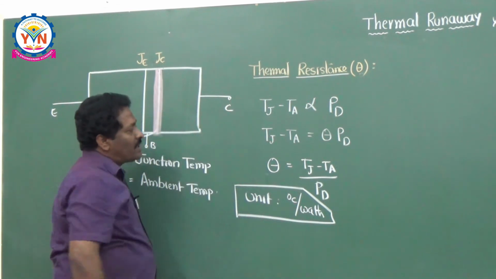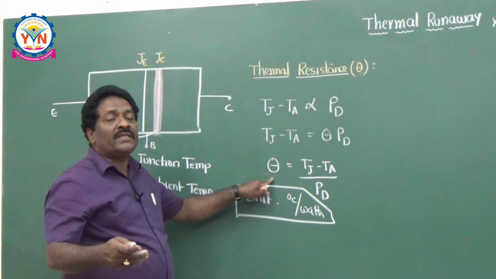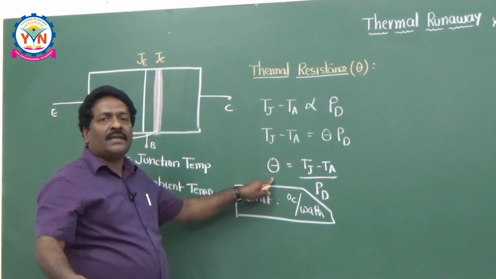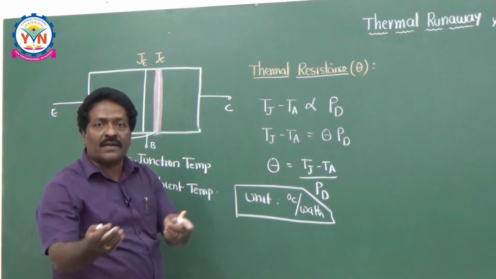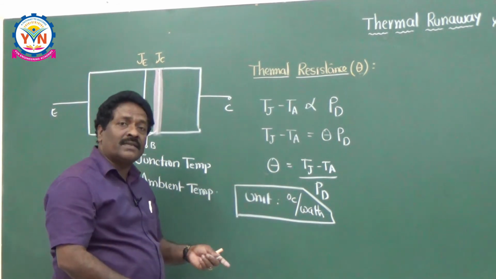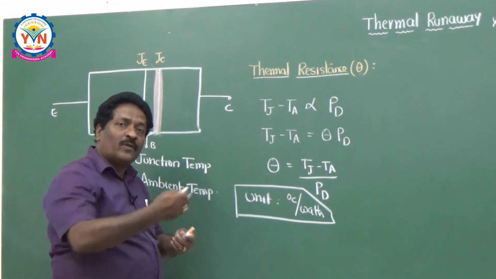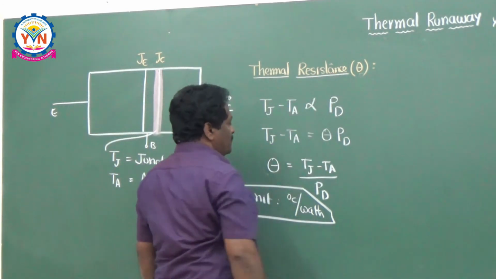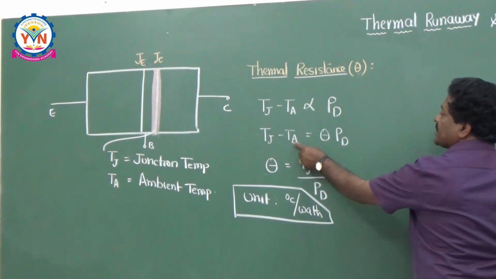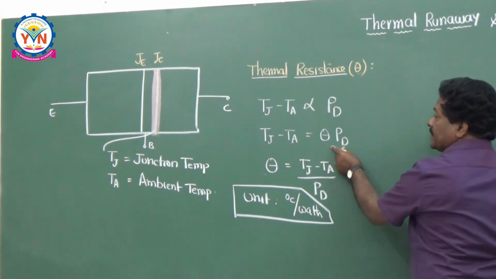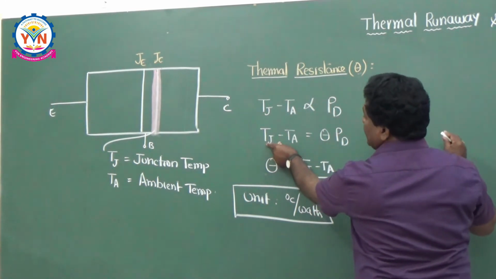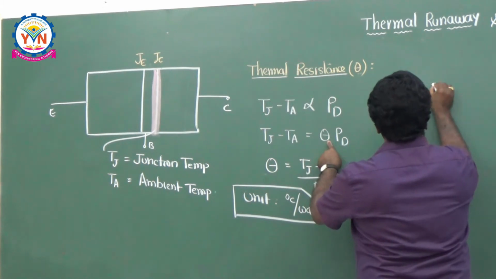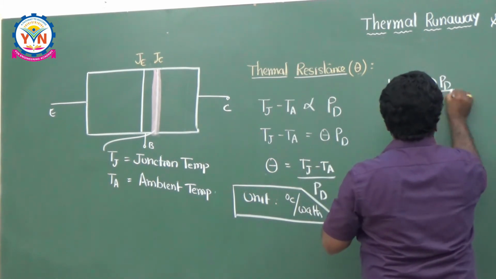So, thermal resistance means it is the resistance which is actually opposing the heat flow from one place to the other place. Exactly like our electrical resistance which opposes the current flow there. Once you know this thermal resistance, differentiating this equation on both sides with respect to Tj, it becomes 1 is equal to theta into dou Pd divided by dou Tj.